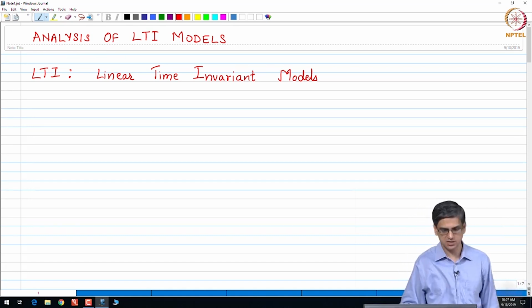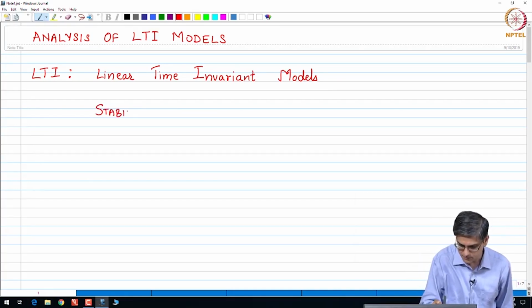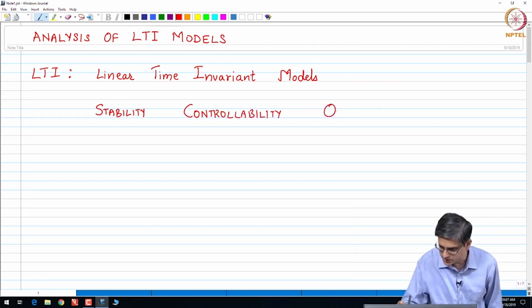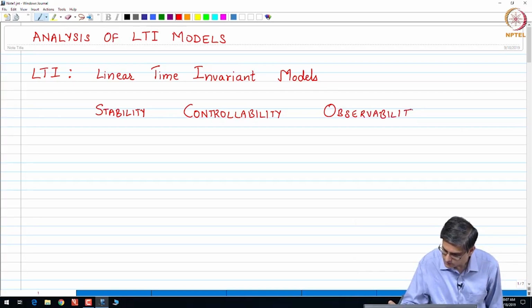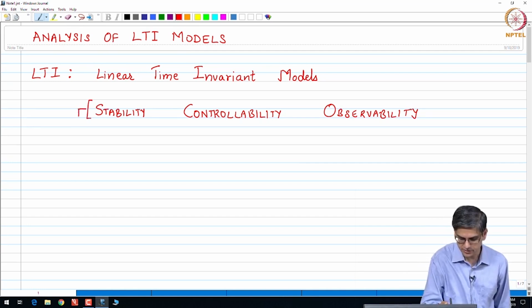Primarily the three things that we are going to talk about is stability, controllability, and observability. Okay. And we are going to talk of all of these in the context of state space models.